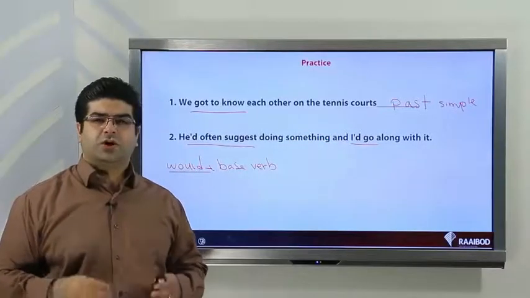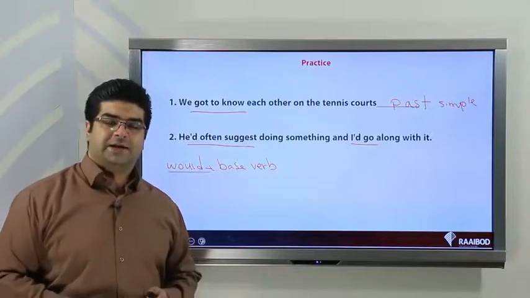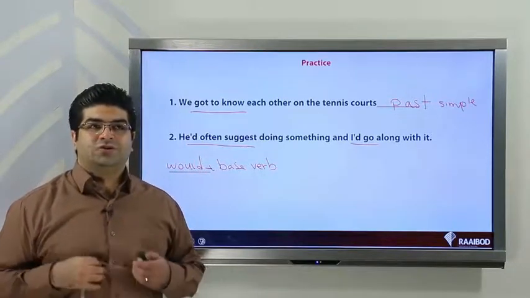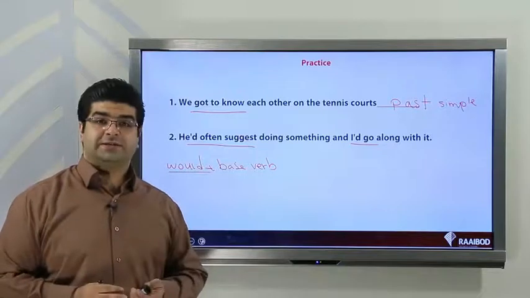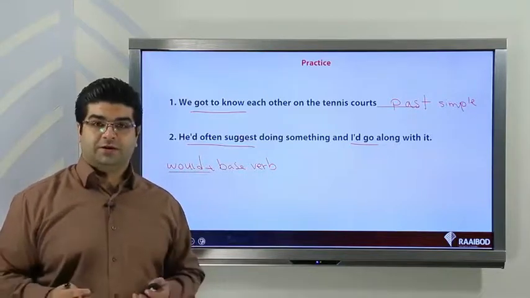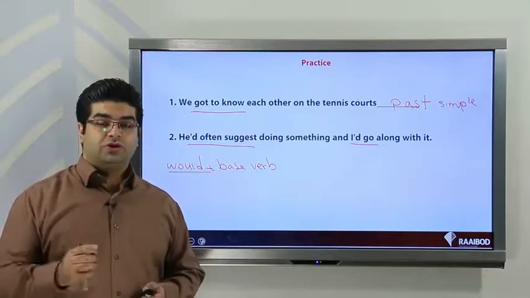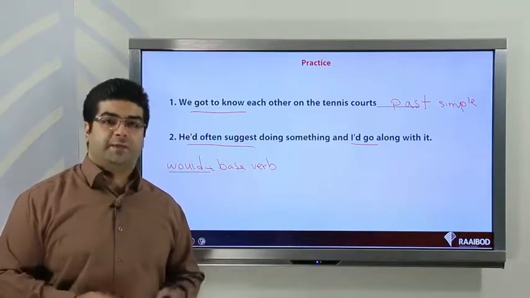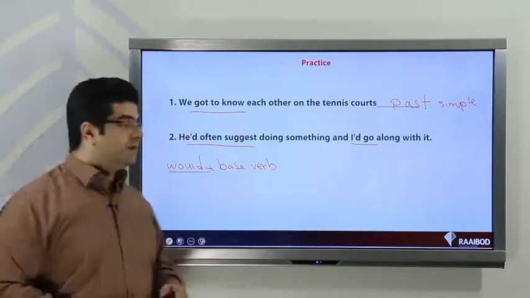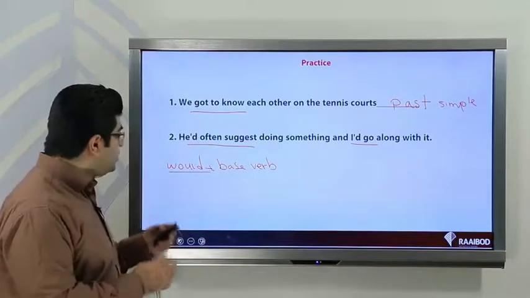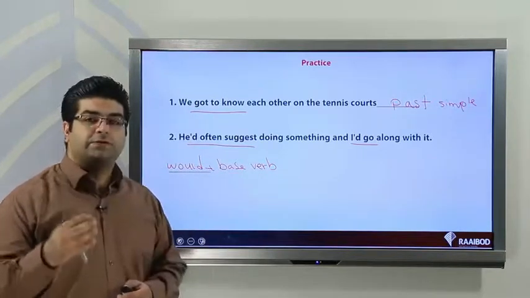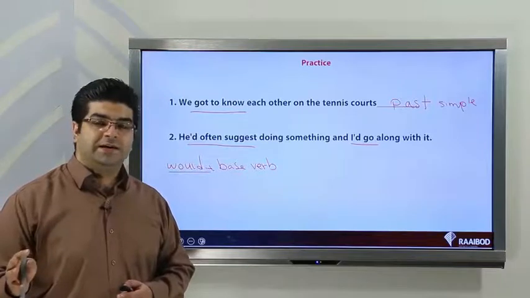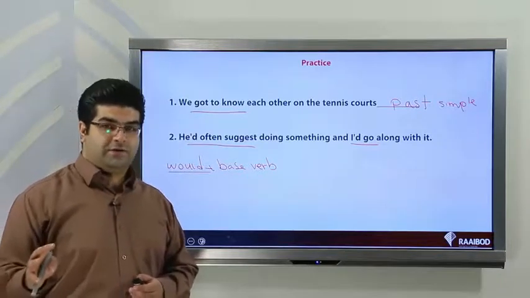Remember, when you're talking about something in the past and you want to mention a future intention, in the past you don't use will, you use would. So would shows some future intentions to do something, but in the past, not now. So that's why you use would plus the base form of the verb. No ed, no ing, nothing.